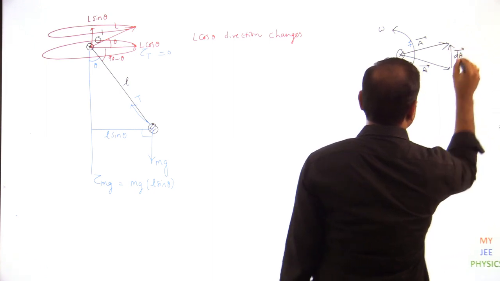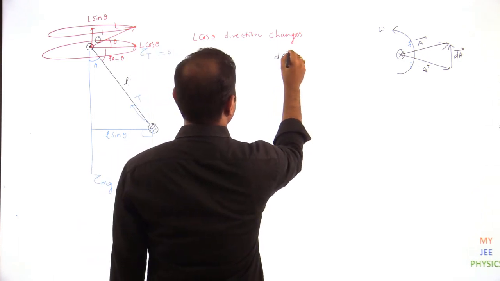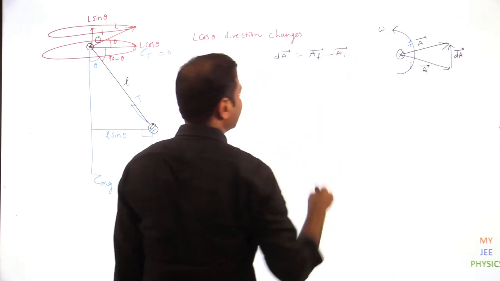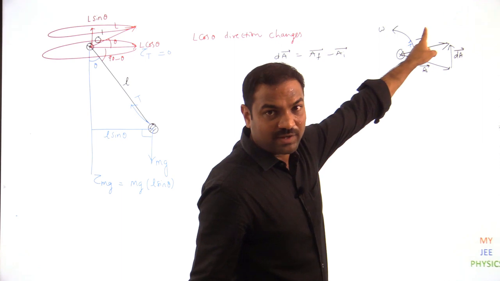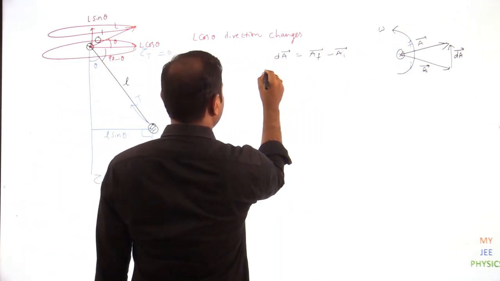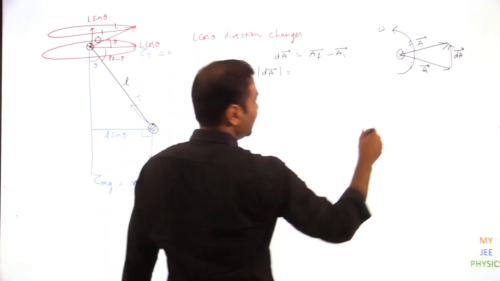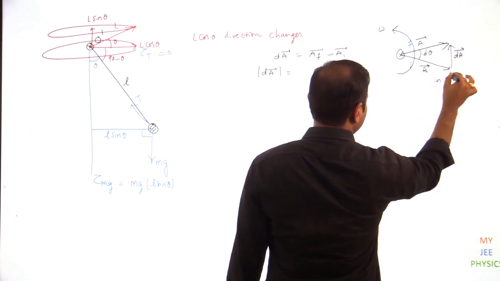You can write dA bar is equal to final vector minus initial vector. Initial vector plus dA bar is equal to final vector. Then I want to find the magnitude of the change in vector if it is rotating with angular velocity omega and rotates a very small angle d theta in time dt.